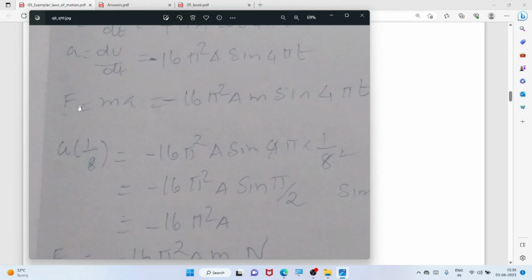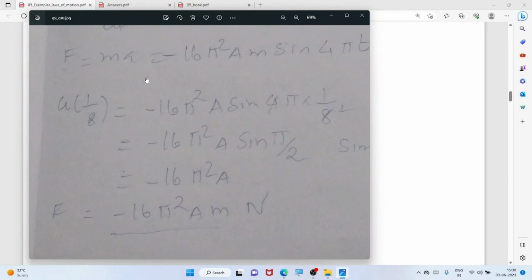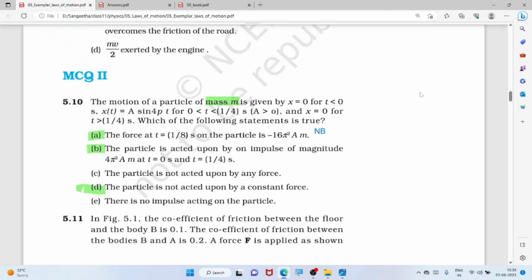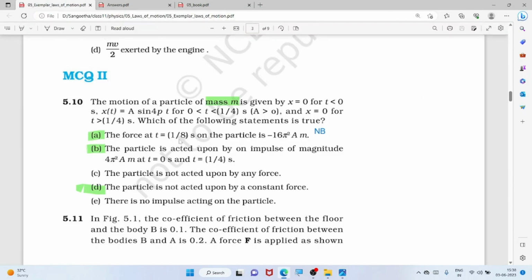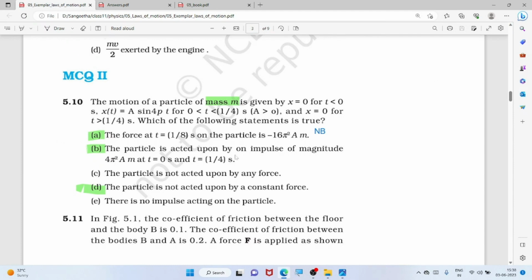Okay, now we are finding the force. So the acceleration at t equal to this, 1/8, is this much, and the force is this. So these are the answers.